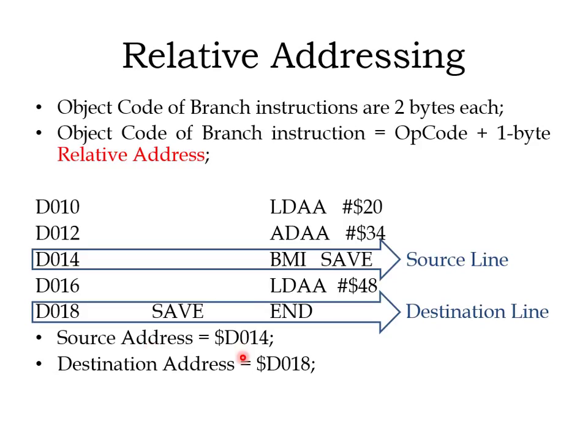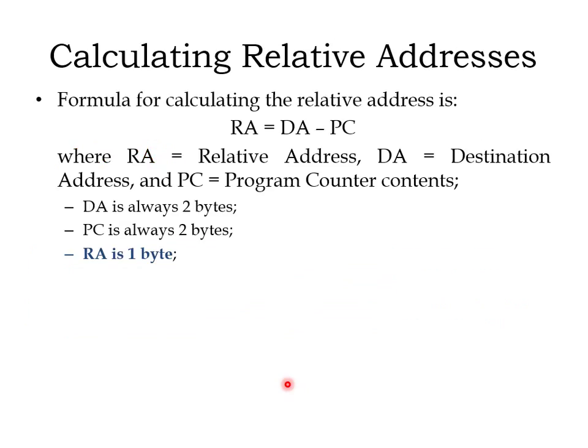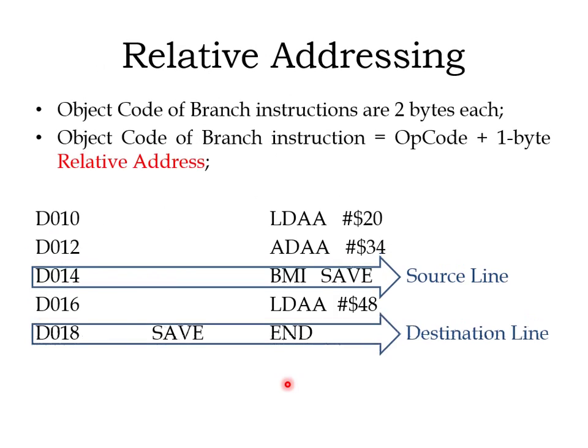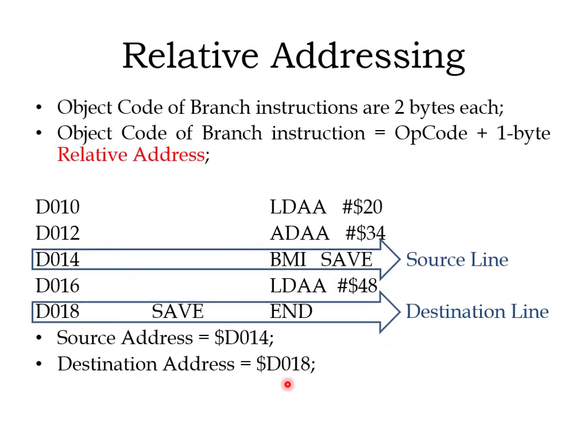And the destination address, D018. I just got those from the block of code I'm given. Now, once I know the source and destination, I just have to plug them into a very simple formula.